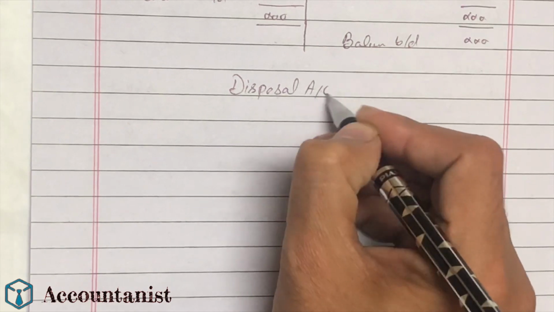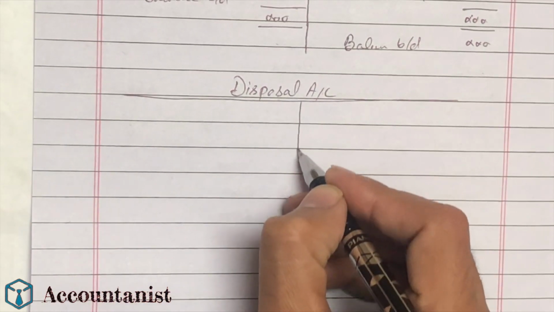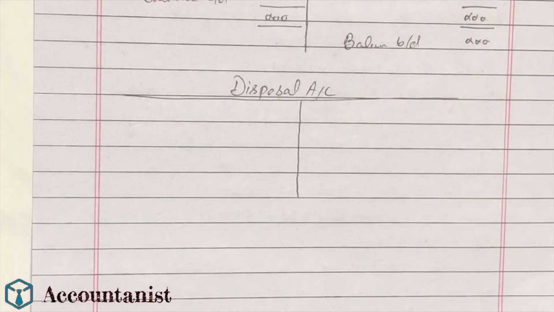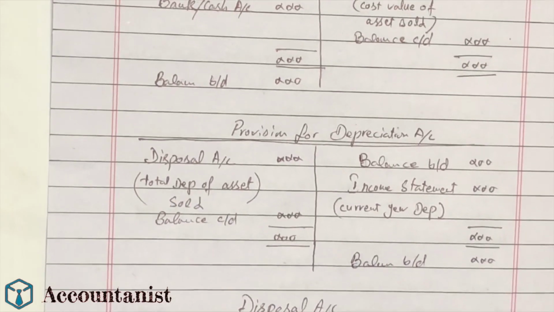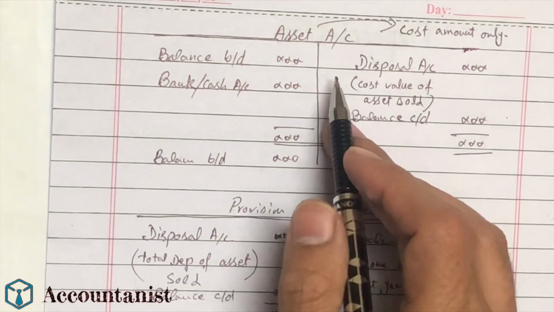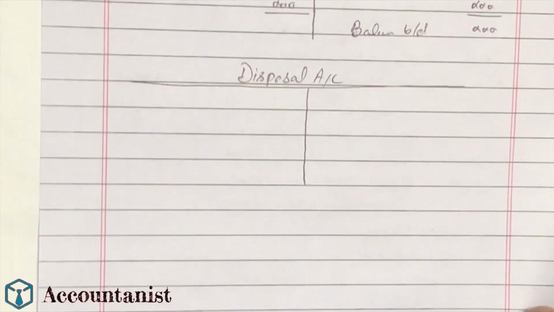In the disposal account, it's an easy account, so we'll have the double entry of the previously recorded disposal account entries. Like in the asset account, we have the first entry, disposal, on the credit side. So in this T account, we'll have it on the debit side.